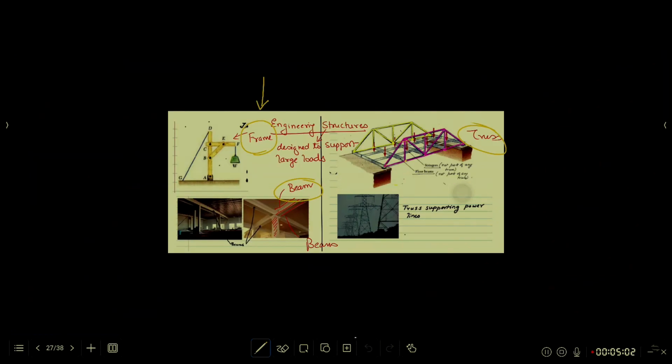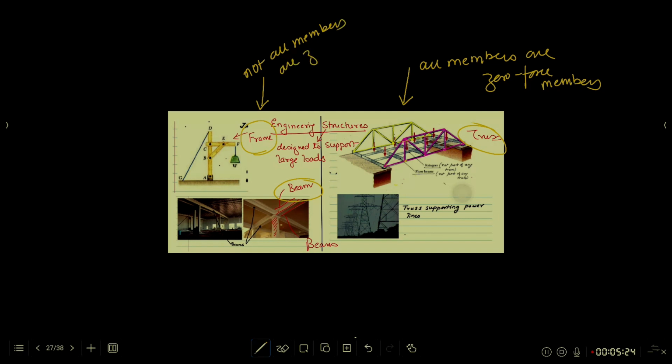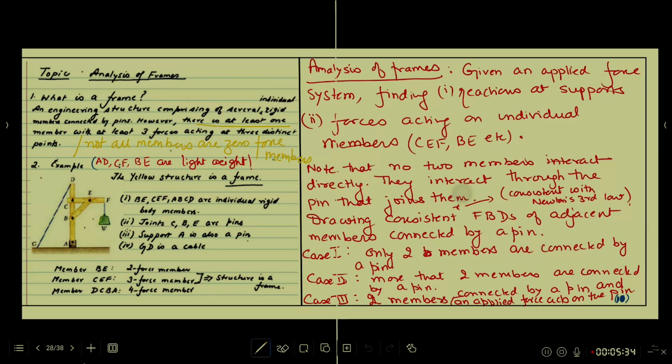In a truss, all members are zero force members. Whereas in a frame, not all members are zero force members. What I have written here is the other way of saying the same thing. There is at least one member, at least three forces acting on at three distinct points, which means not all members are zero force members.